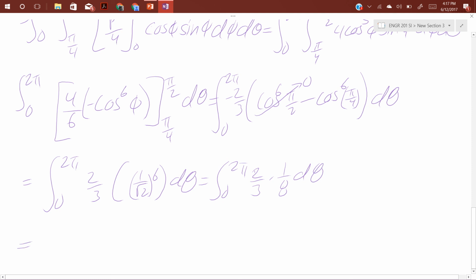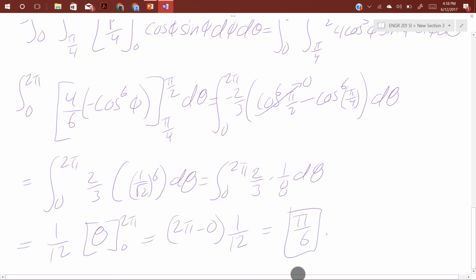So then this would equal 1/12 times theta, from 0 to 2 pi. So we'll get 2 pi minus 0 times 1/12, and that would equal pi over 6, which equals our mxy.